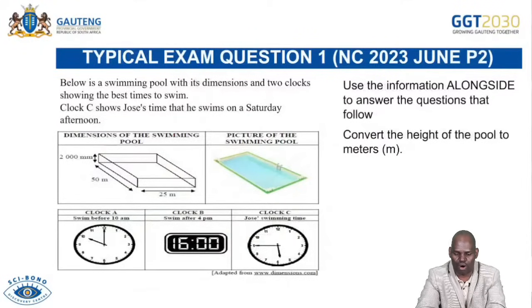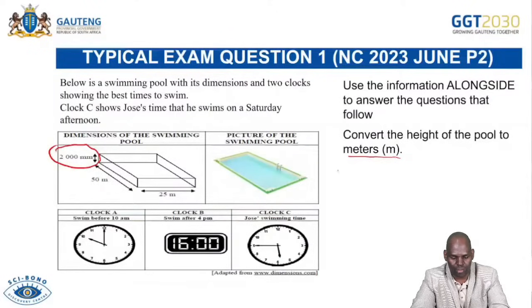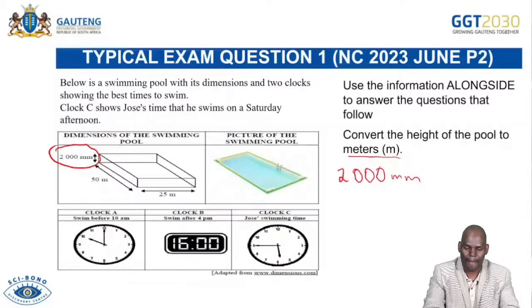Convert the height of the pool to meters. Now, where is the height? The height is given there. It's 2000 millimeters. Now we must convert from millimeters to meters. This is something that you must know.